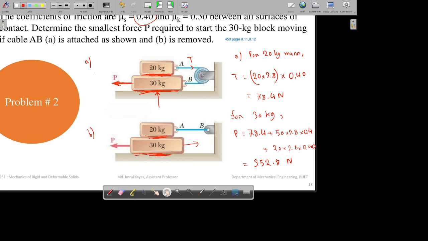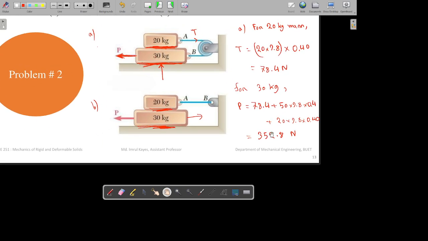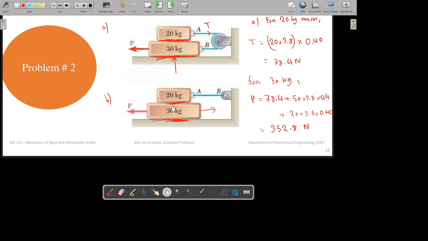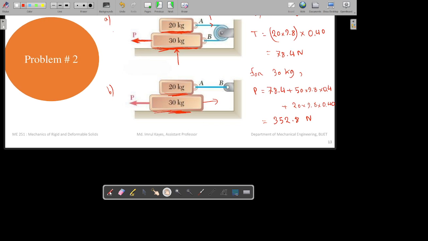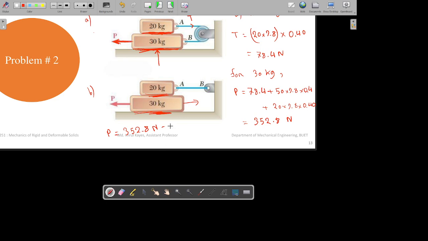We can just now subtract T. So from the previous answer, if you subtract the value of T, you will get the new value of P for the B part of the question. So for part B, P will be just the previous answer minus the value of T, which is 78.4 Newton.